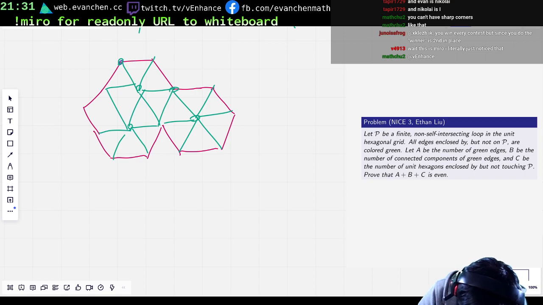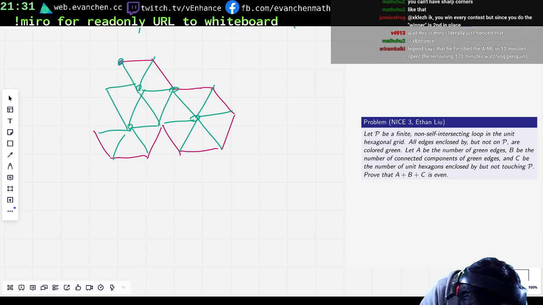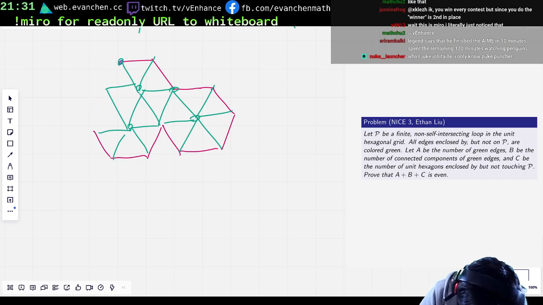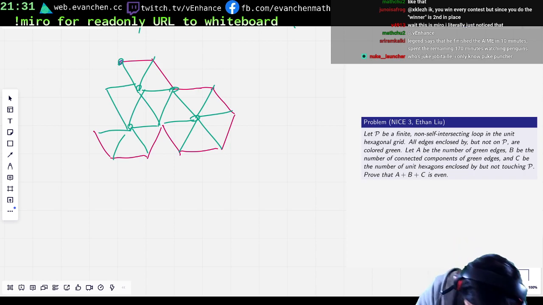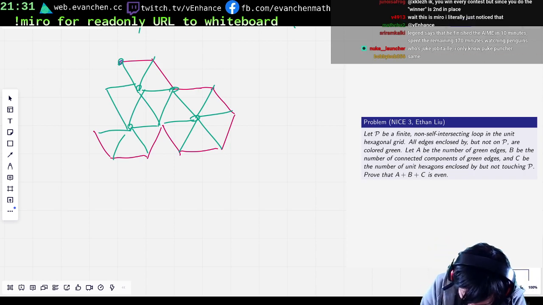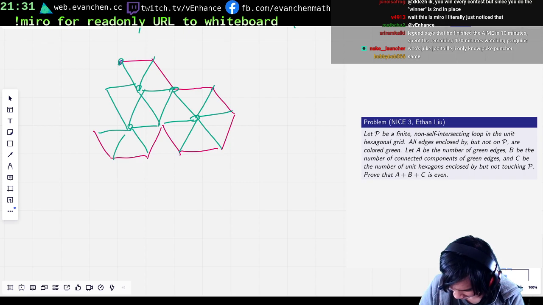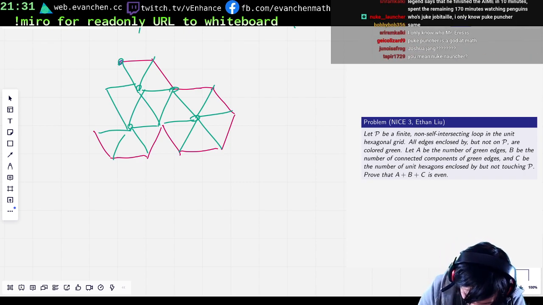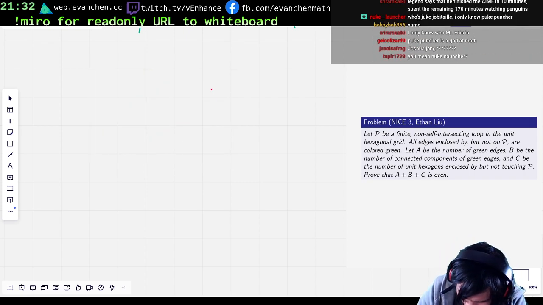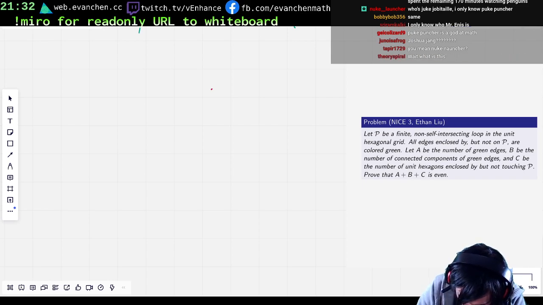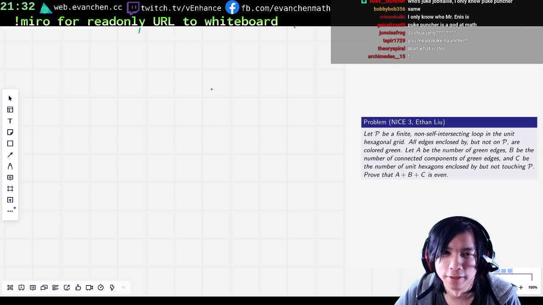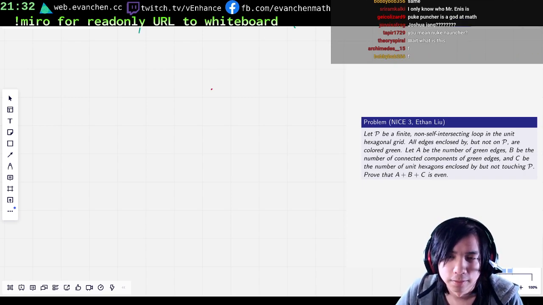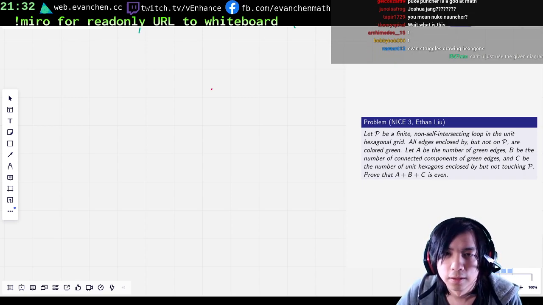Okay, I'm really bad at drawing this. Wait, that's not a hex. This is a triangle grid. I was like, why does this not look anything like the notes? Okay, I give up. We're just going to use the one that's provided in the thread.